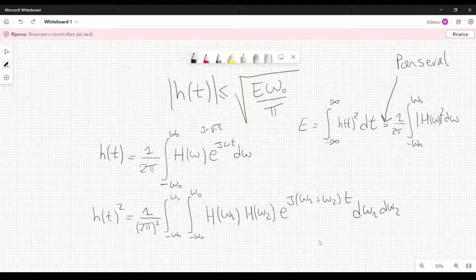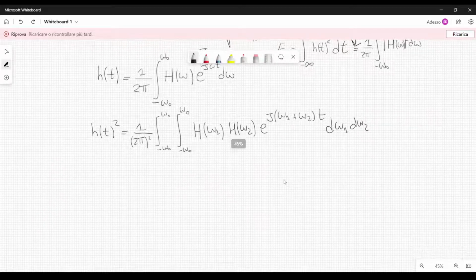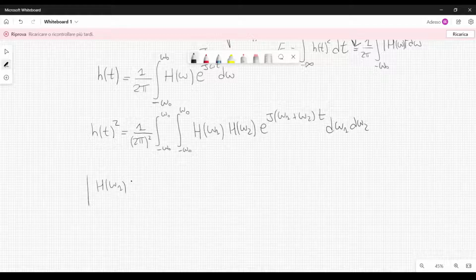Now, from here, we can easily notice that if we consider the magnitude of h of omega 1 times h of omega 2 e to the j (omega 1 plus omega 2) t, well, this is equal to the modulus of h of omega 1 times the modulus of h of omega 2.